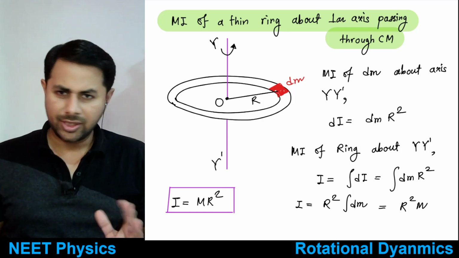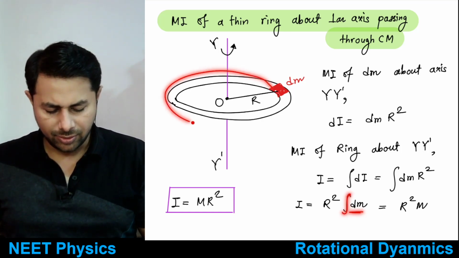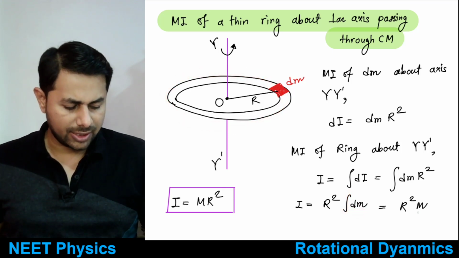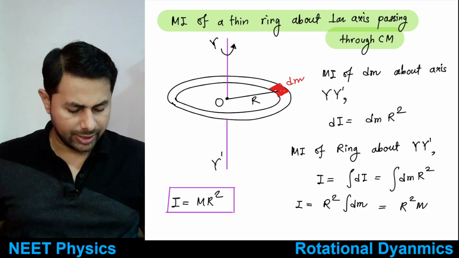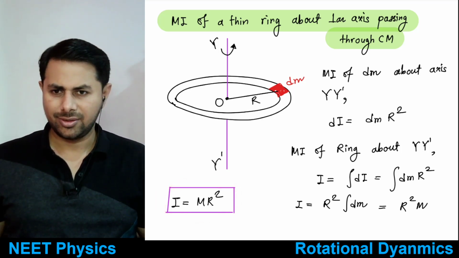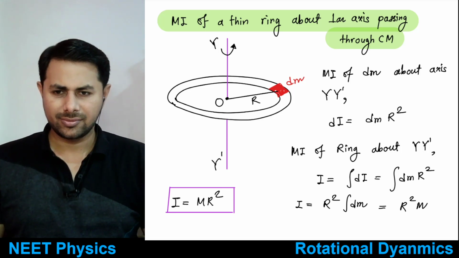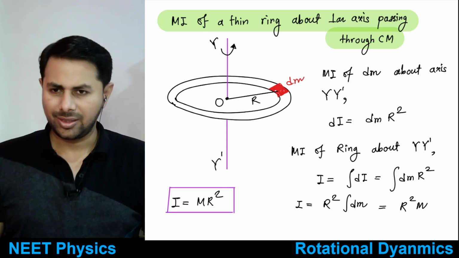So you can just move r square outside, and the integration of dm is just the total mass of the ring. So that is m, and that's why you have I equal to mr square, right? This is clear? Everyone?